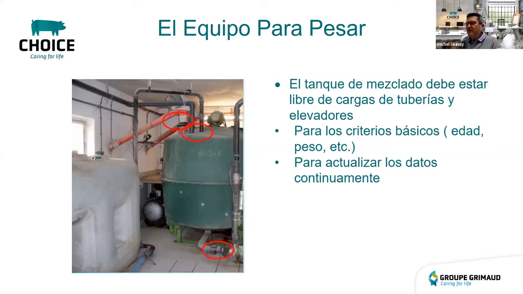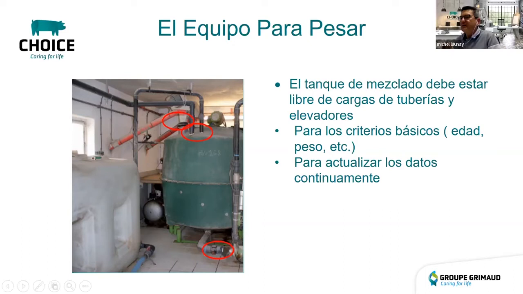The mixer is put on a scale at 3 points, and it's quite important that there is no load from pipes or elevators that can change the weight of the mixer.